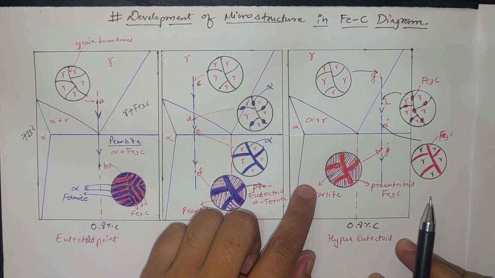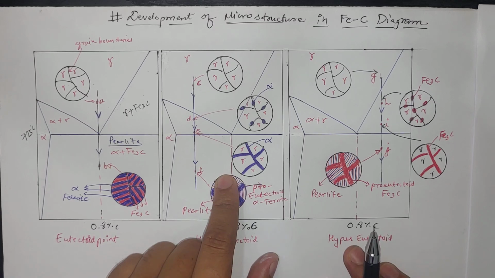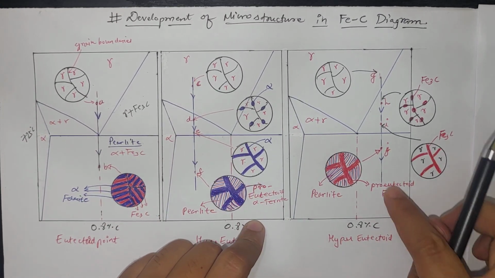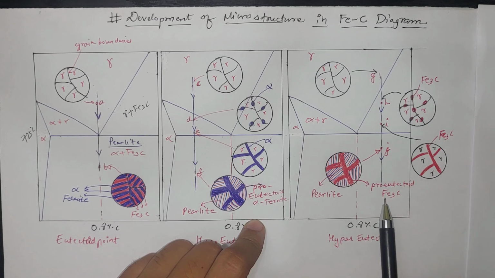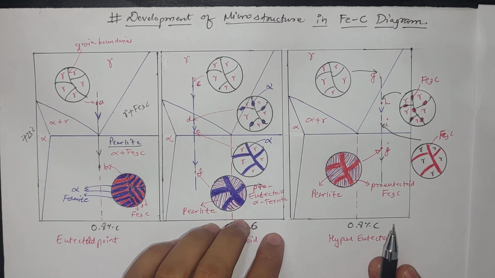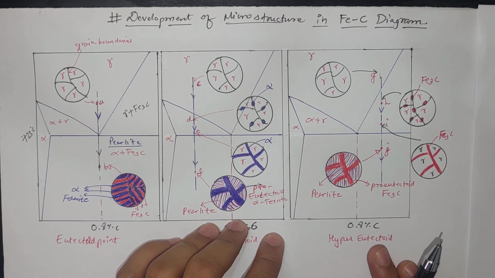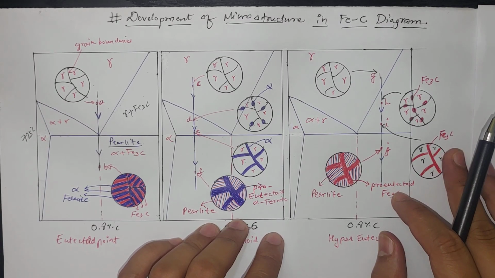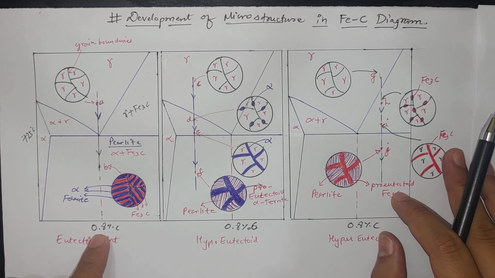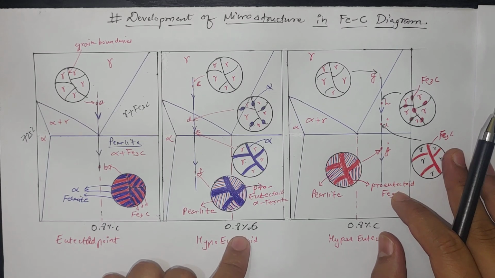So the second and third cases are similar, but in the second alpha ferrite is formed, which we called pro-eutectoid alpha ferrite, and here cementite is formed, which we call pro-eutectoid cementite or pro-eutectoid Fe3C. So these are the three cases for the eutectoid steels, where the development of microstructures happens with different microstructures and also at three different locations of percentage carbon.